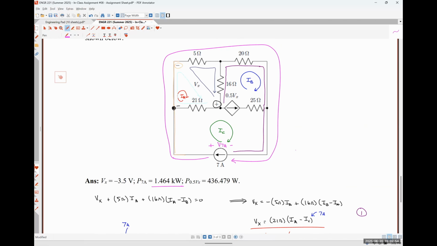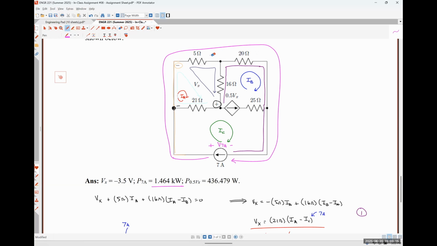And it's because once we know what all of our mesh currents are, the voltage drop across this 5 ohm resistor, we can find it just using Ohm's law. The voltage drop across this 20 ohm resistor, again, we can just find that using Ohm's law. So they are essentially known voltages to us.